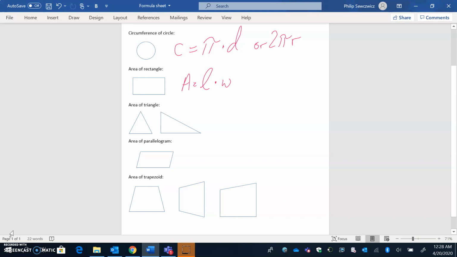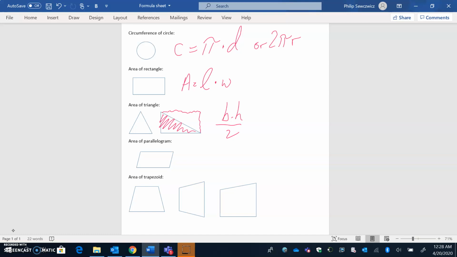So your triangle, what we want to realize is a triangle is simply half of a rectangle, as poor of a rectangle as that is. So even though a rectangle would say length times width, we actually say base times height. But since we only want half of the rectangle, that's why we have to divide it by 2.